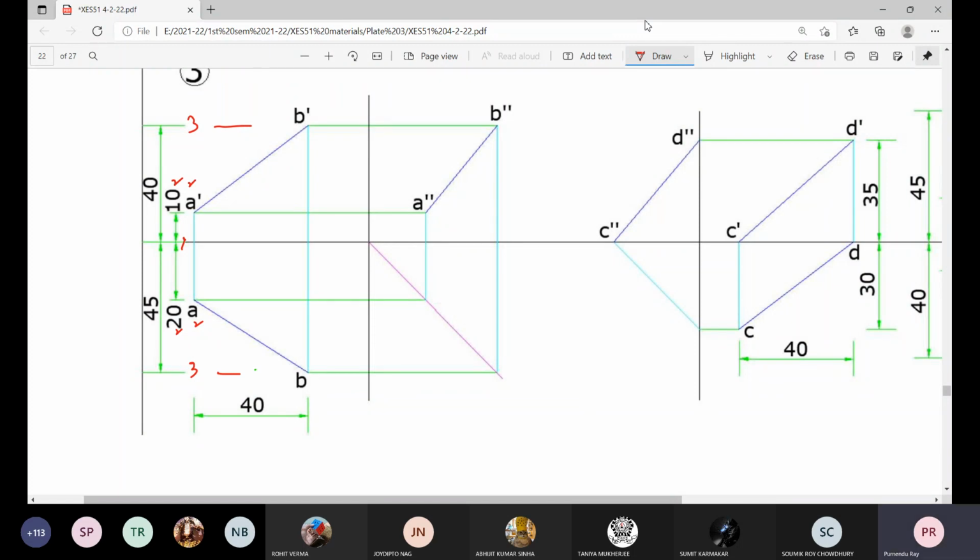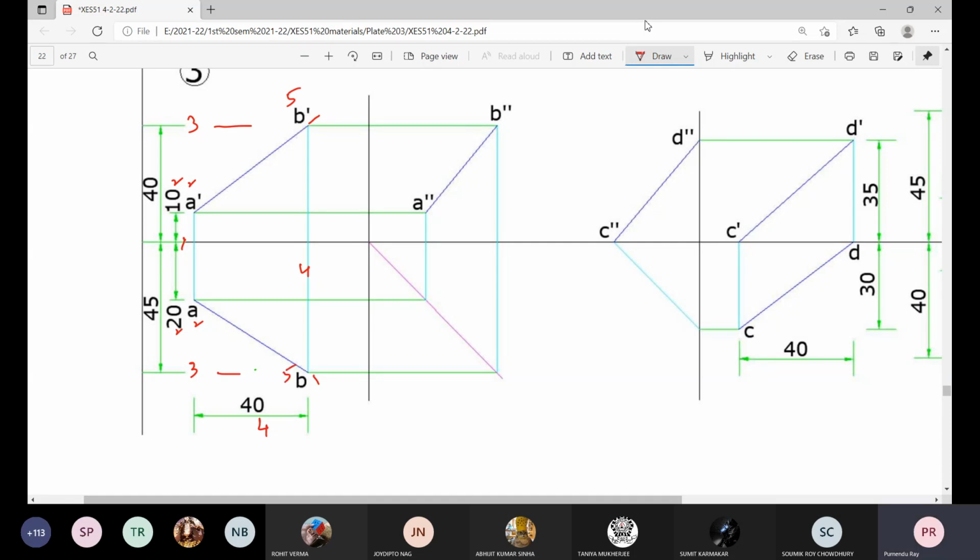Draw these lines and at a distance 40 millimeter, this is step 4. Draw this line and get this point of intersection with this horizontal and vertical lines. That is the step 5 to get the plan and elevation.